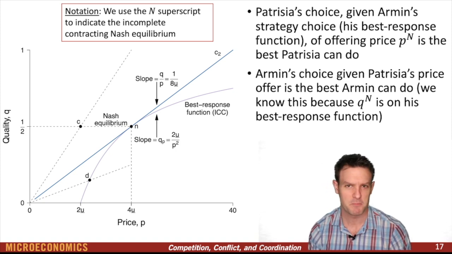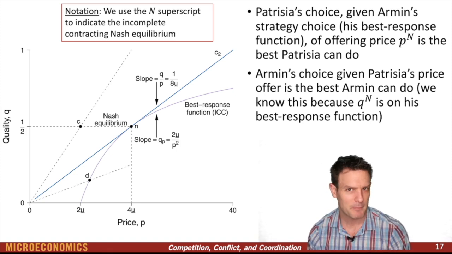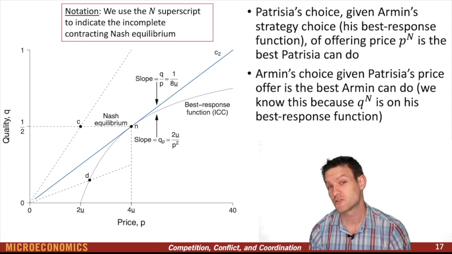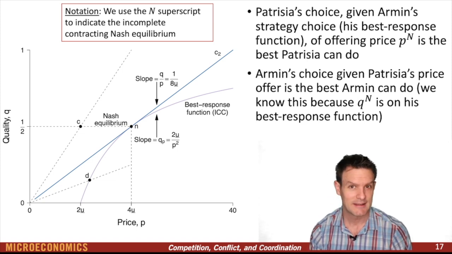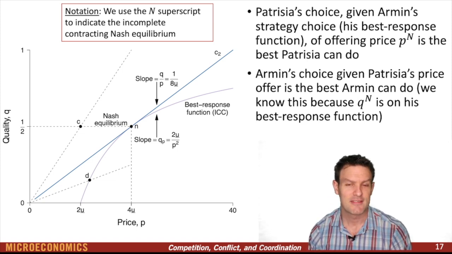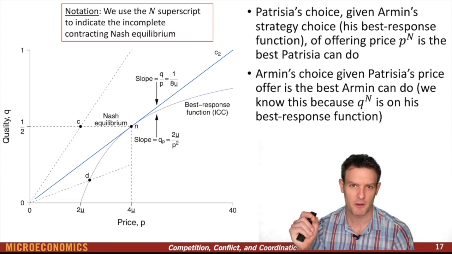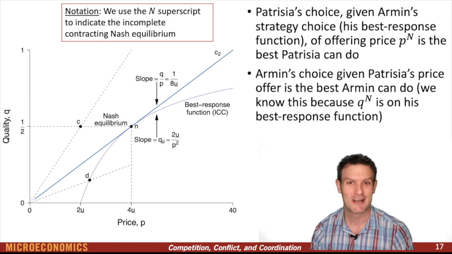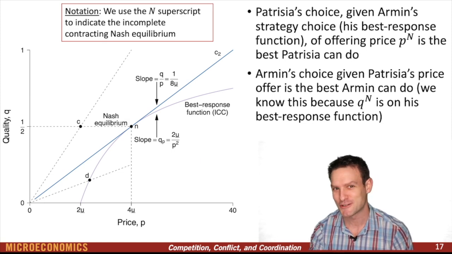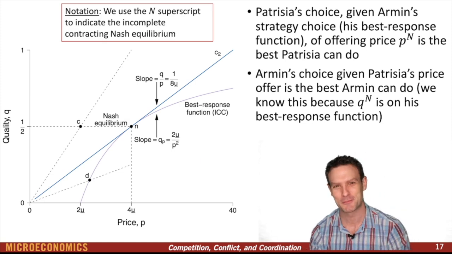It lies on his best response function. And remember, at every point along his best response function, what is he doing? He is choosing the maximum from his value, right? He's optimizing at every single point on his best response function. So as a consequence, a point on his best response function has to be his best response to what the principal would offer him.